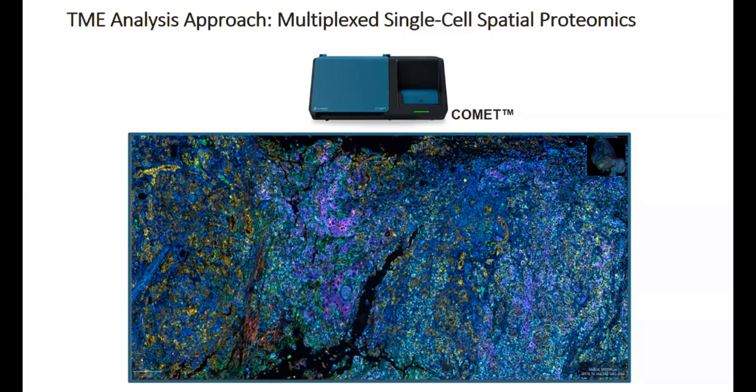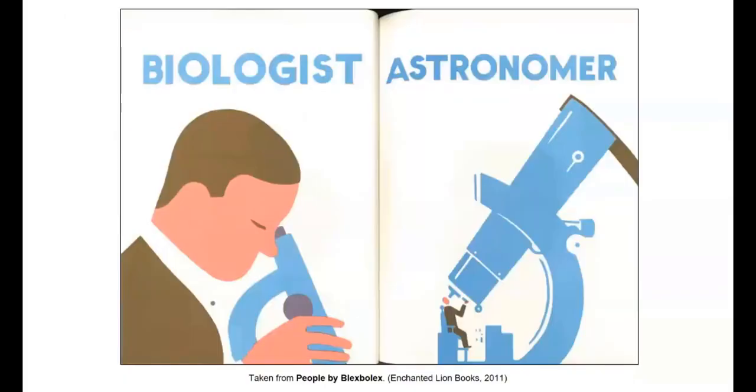And the first thing that you might think when you see these colorful pictures, at least in my case, is that we are seeing a star at night, isn't it? And here is when we start to have blurry lines between what is a biologist and what is an astronomer, because despite the fact that we both are using sophisticated equipment, I believe the difference is that instead of looking at the macrocosmos, we are looking at the microcosmos.